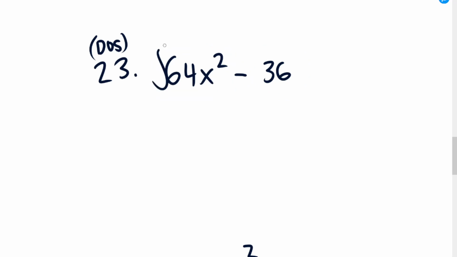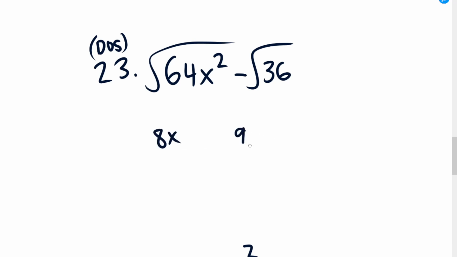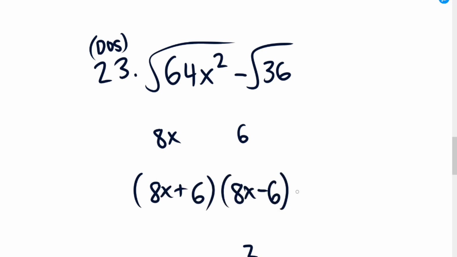So if we square rooted this term and this term, we would get 8x and 6. Now what we can do is 8x plus 6 and then 8x minus 6. If we were to multiply this out, we would get 64x squared minus 36.